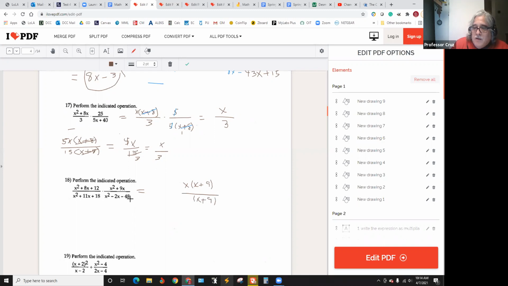So 9 goes into 18 twice. These are both positive, so it's positive there. And we know it's correct because 2 times 9 is 18, and 2 plus 9 is 11.